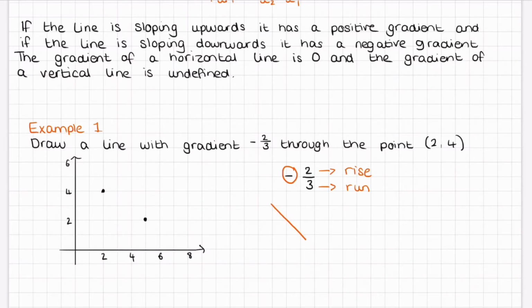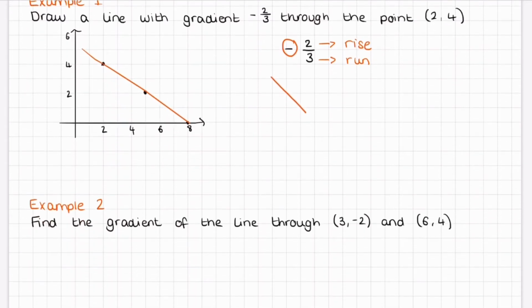So another point would be there. Then it has a run of 3, 1, 2, 3, and it's going down by 2, so it will hit that point. From there, we can just join our dots. And so that's a line that has a gradient of -2/3 and goes through the point 2, 4.